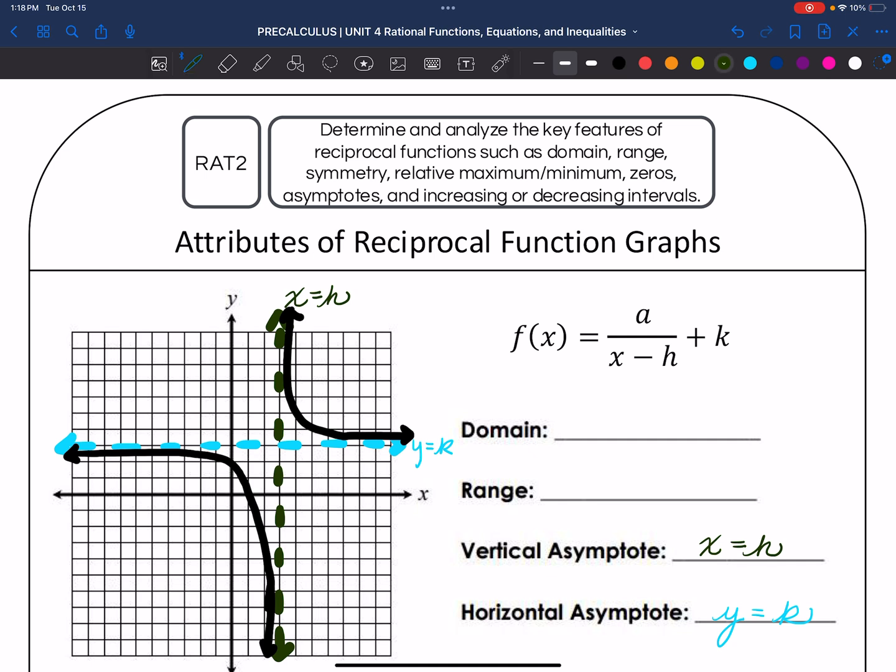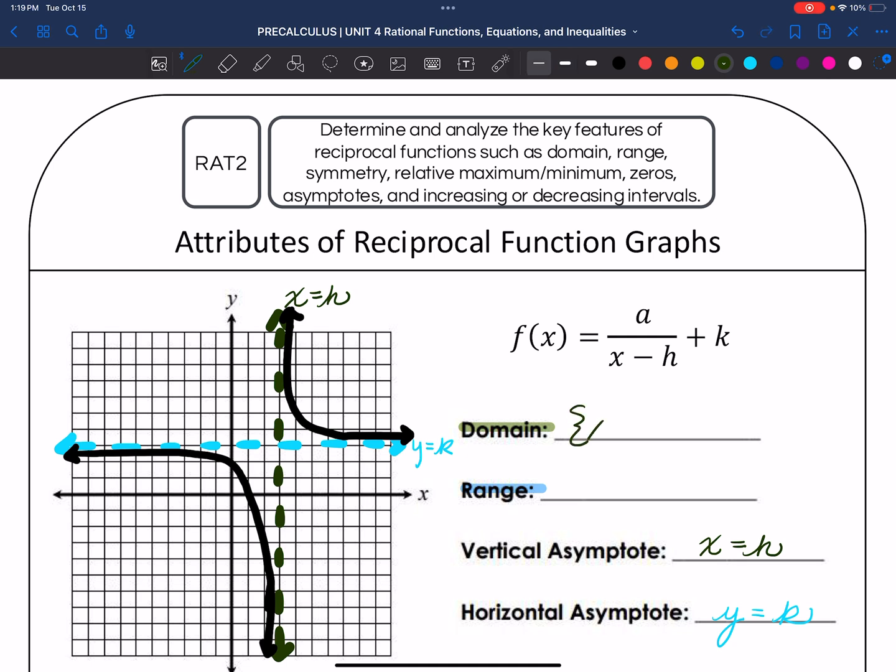That leads us to being able to recognize both the domain and the range for our function. The domain can be everything. Notice that this graph goes out forever to the left and forever to the right, but there's this moment where our asymptote is, where the graph does not occur. That tells us what our domain will not be.